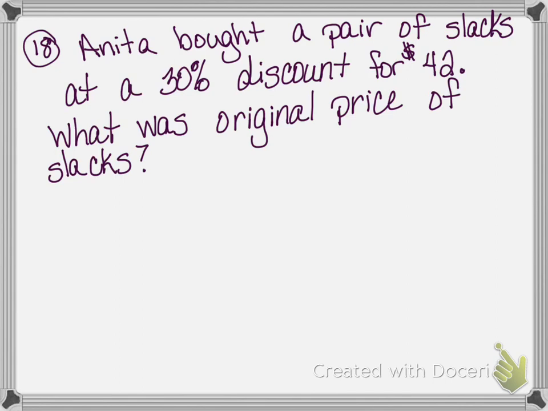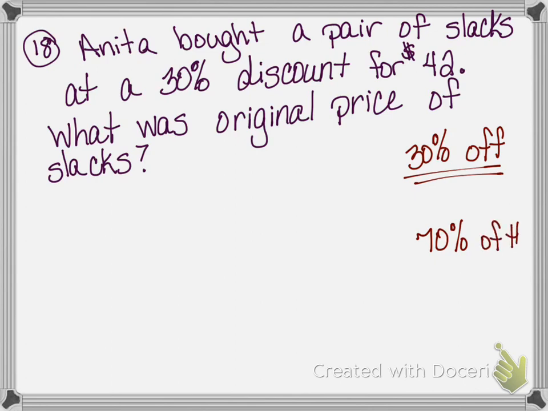Now, this is where students make a mistake. 30% is how much she got off. It's 30% off. Okay? That was her discount, was her 30%. If 30% was her discount, then she paid 70% of the price. Okay? So 70% of the original price is what she paid.